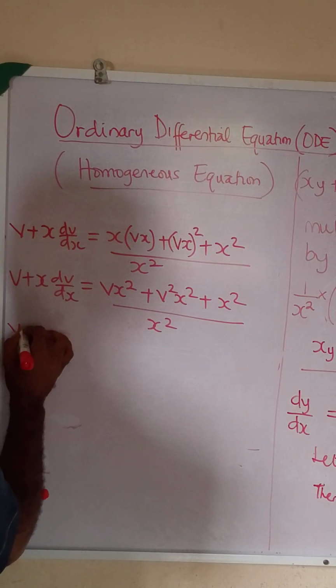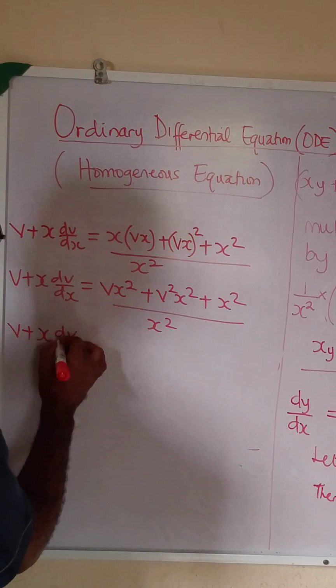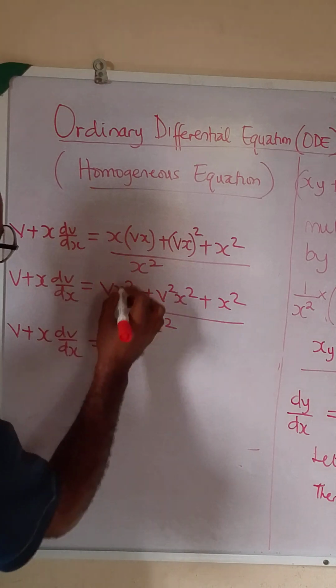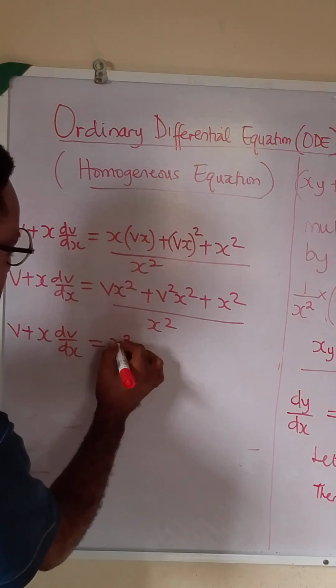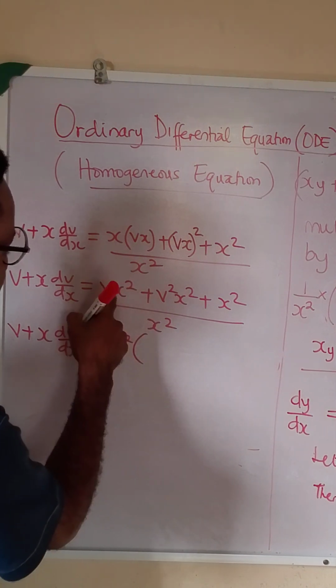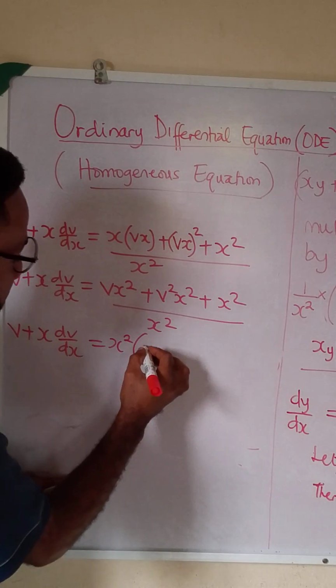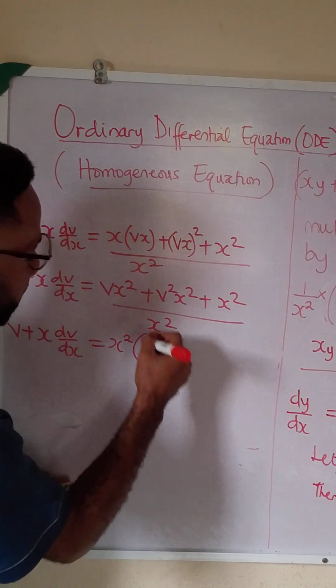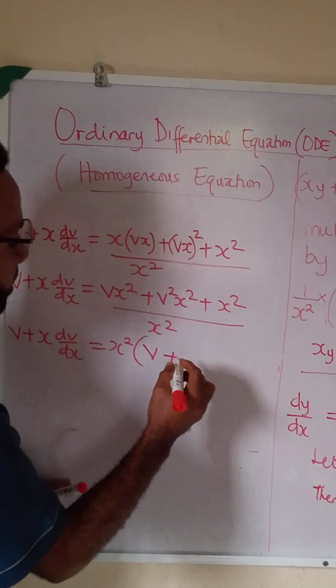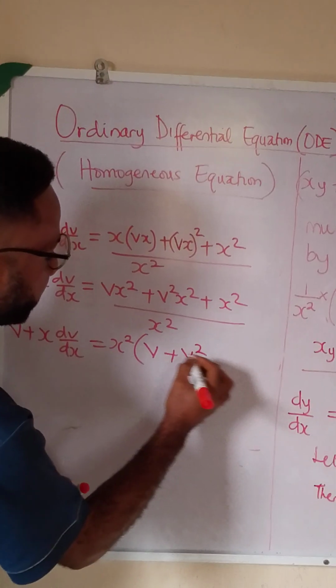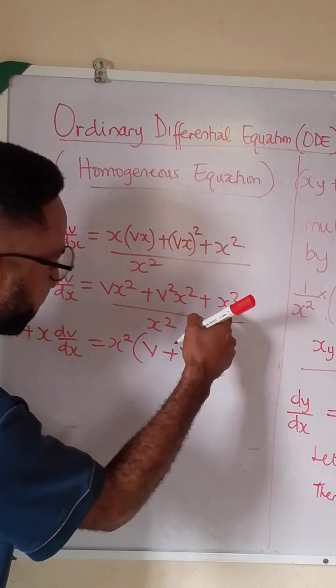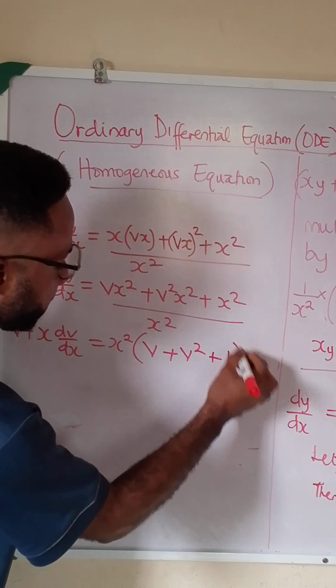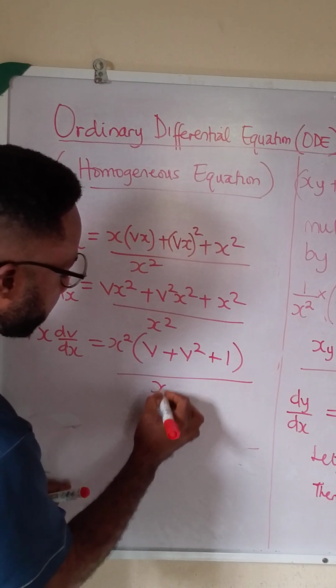So for the right hand side, we bring out x squared. If we bring out x squared from this point, we are going to have v left, plus if we bring out x squared from here, we are going to have v squared left, and then from here, we are going to have 1 left, and we divide it by x squared.